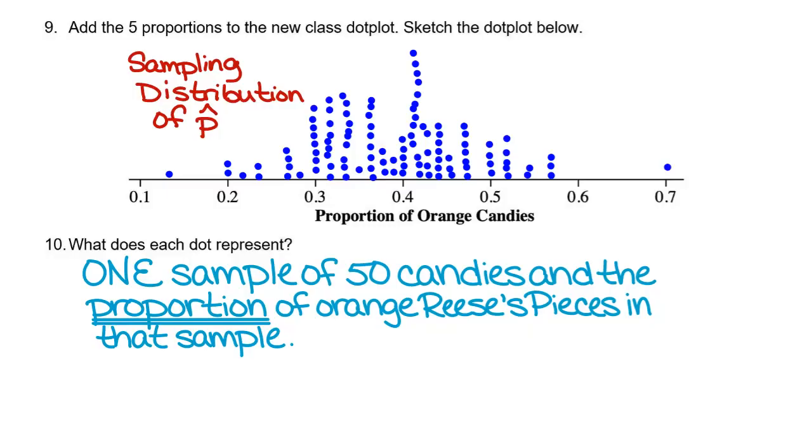Because it's based on our samples. These are proportions from our samples, yes. I would like for you to get this sampling distribution into your notes.